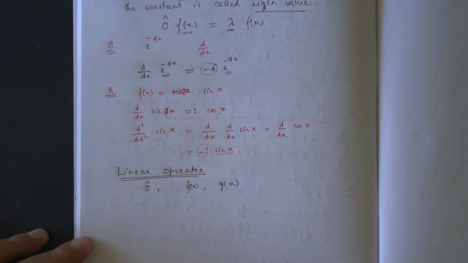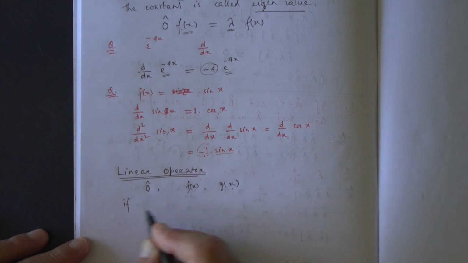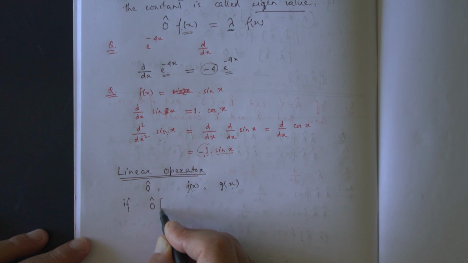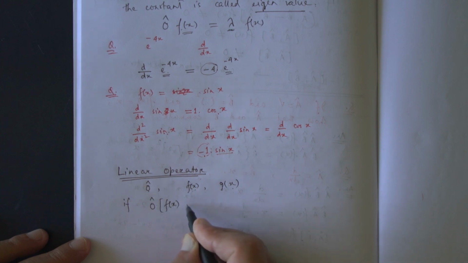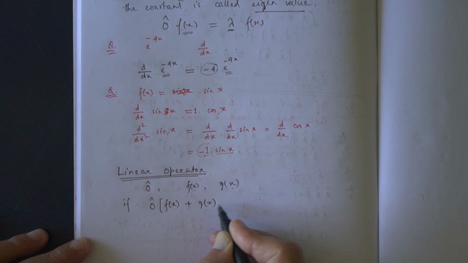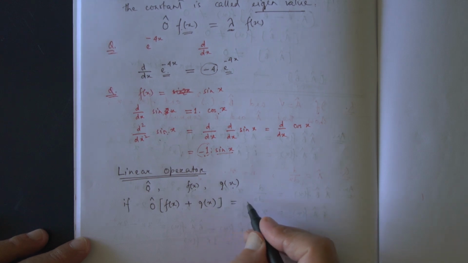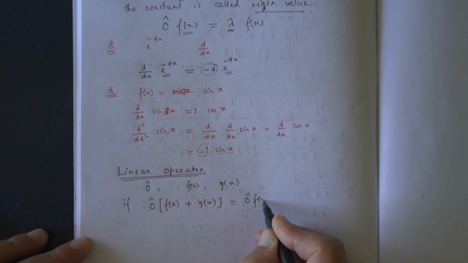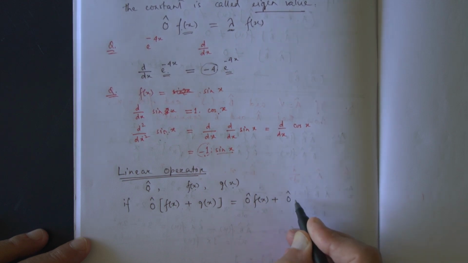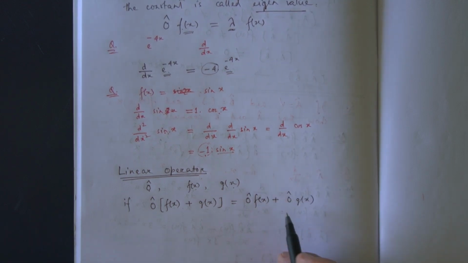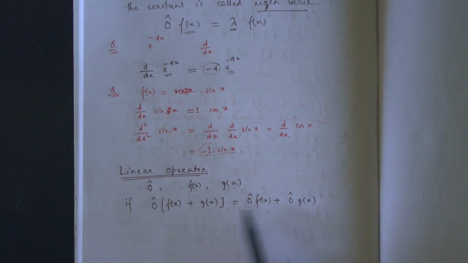Now if we can write O of f(x) plus g(x) equal to O f(x) plus O g(x), if this is possible, then the operator is called a linear operator.